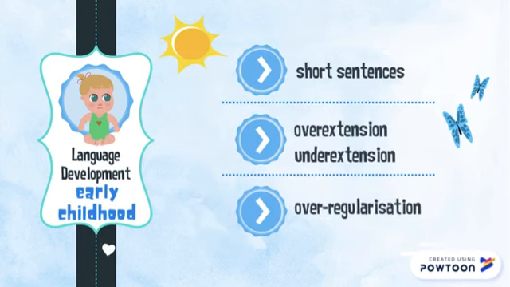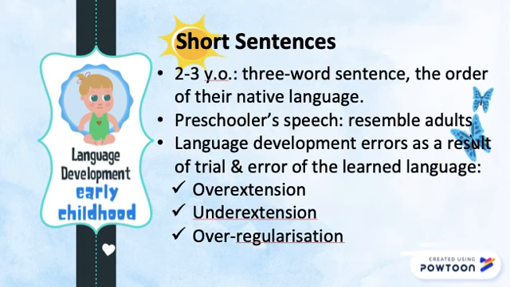Let us now proceed to the second phase, which is the early childhood phase. These are some of their language development features. Children at this phase can start uttering short sentences.